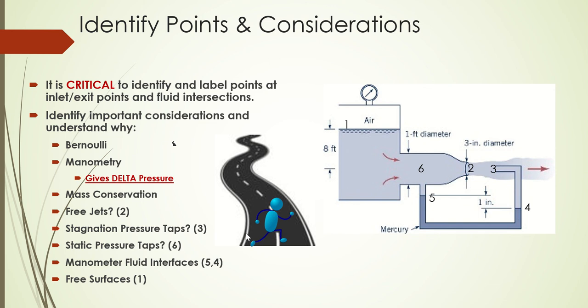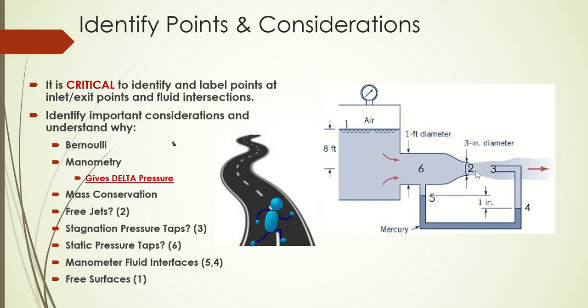We also have to identify the points that define the different interactions in the problem. If we have a free jet, such as at point 2, we have a stagnation pressure tap. Point 3 is defined as a stagnation pressure tap. It's important to identify the points where we have a free jet defined.